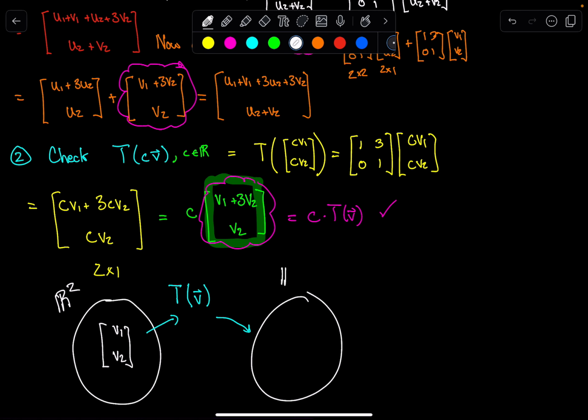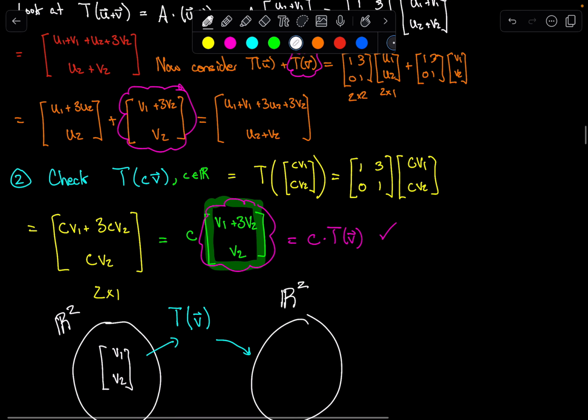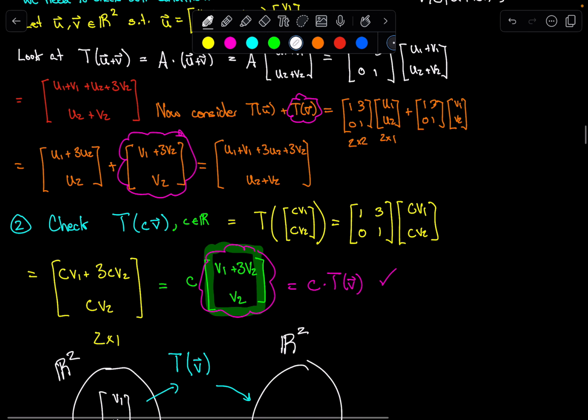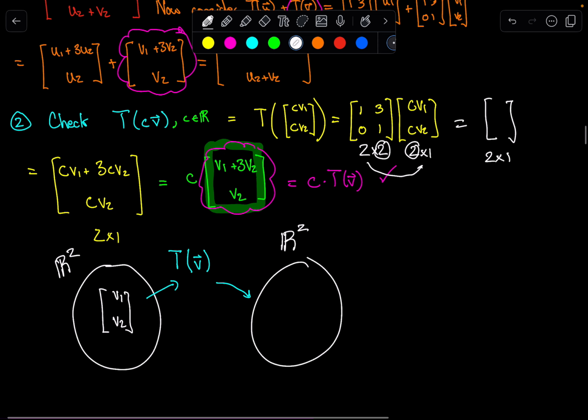And where does that live? It lives in R2. We can check that by looking at the fact that this is a 2 by 2 matrix and the thing going in is a 2 by 1. Therefore, courtesy of matrix multiplication, the result should be some 2 by 1 matrix, and that is something that lives in R2.